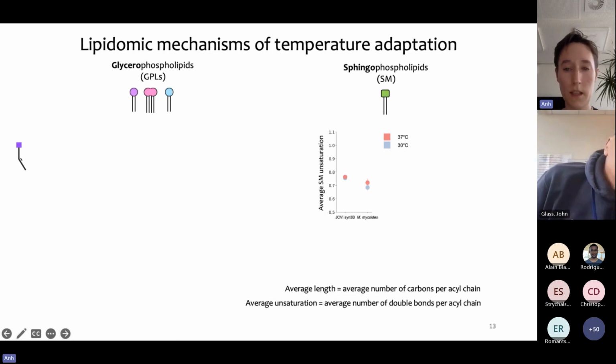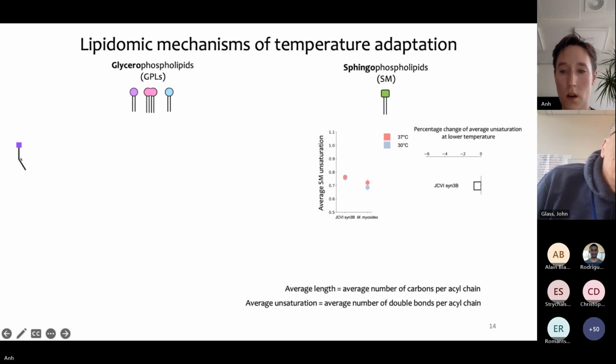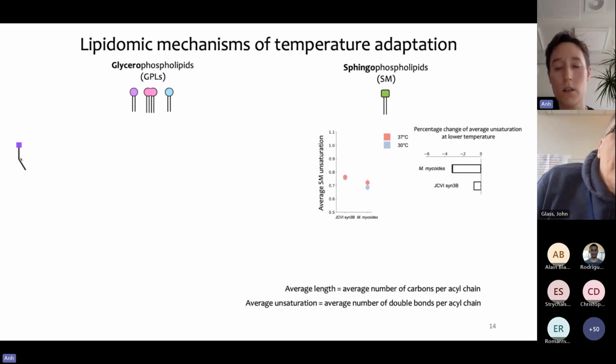Then if we calculate average unsaturation for sphingomyelin in Mycoides and Syn3B, we can see that there is a very, very small change of this parameter in the minimal cell at lower temperature. No more than 1%, maybe even less than that. But it is somewhat larger for Mycoides.